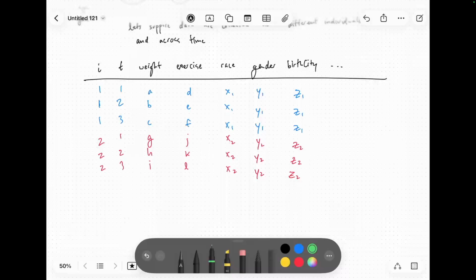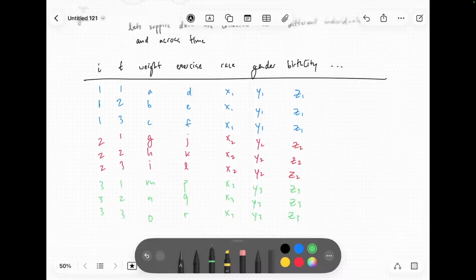And I'll do just one last one, but you guys should get the point by now. M, N, O, P, Q, R, and then X3 for race. Y3 for gender, and Z3 for birth city.